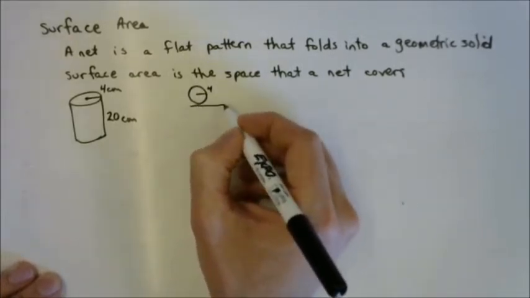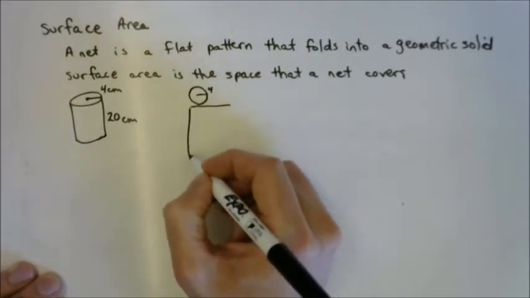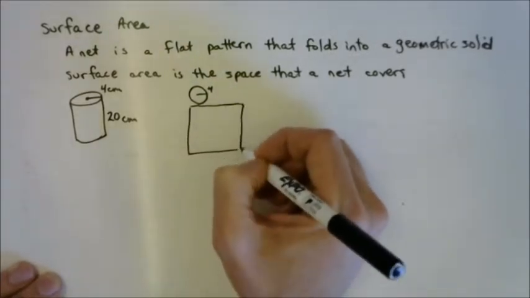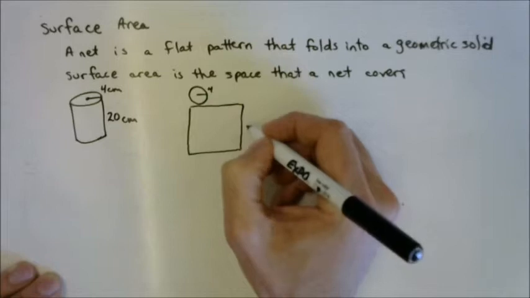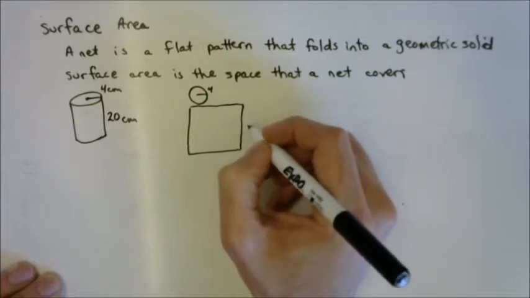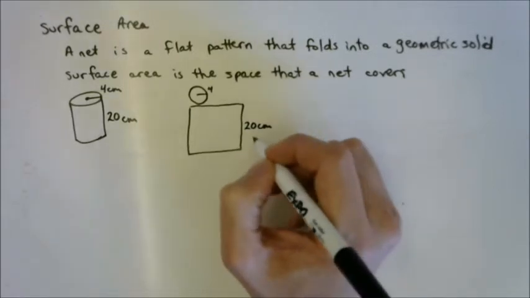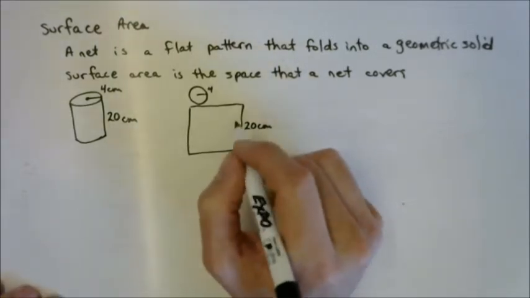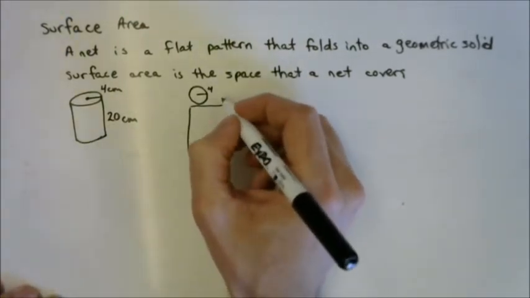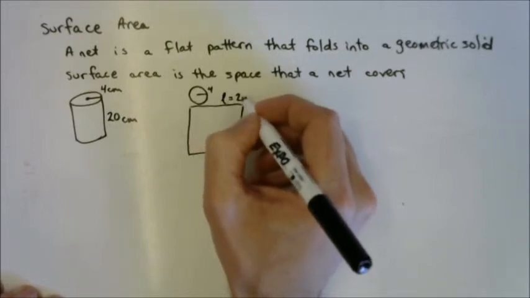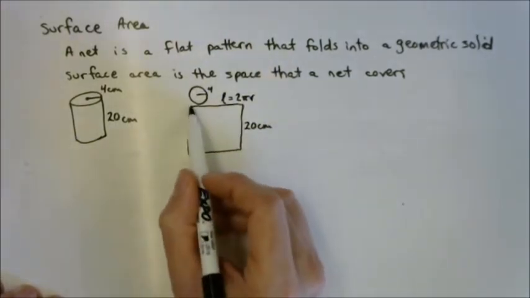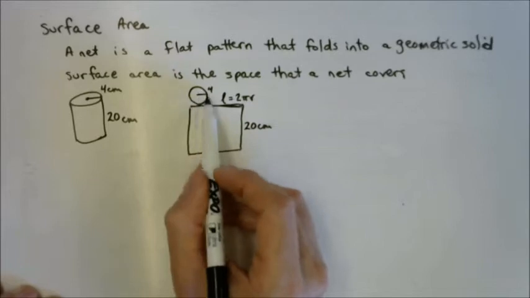The next part, the wrap, is actually just a rectangle that wraps around it. It has a height of 20 centimeters and a length of 2 pi r, because this length is the circumference of this circle.